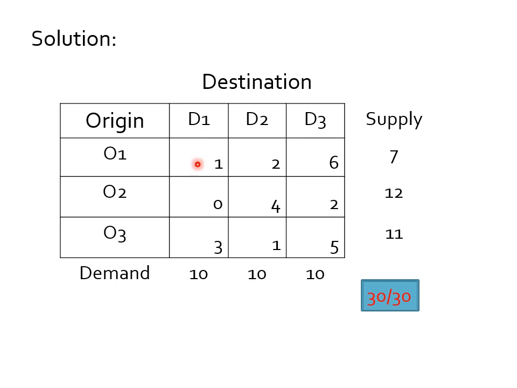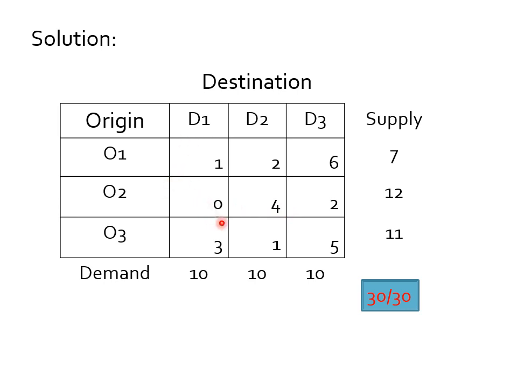Now we have to find initial basic feasible solution for the given problem by using least cost method. In this method, we start allocation from the cell which contains the least cost. In our given problem, which cell contains the least value? O2 D1.